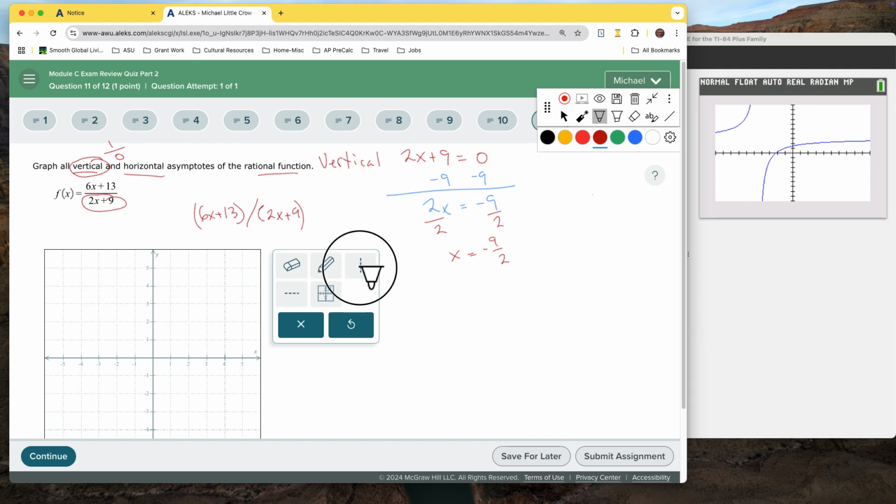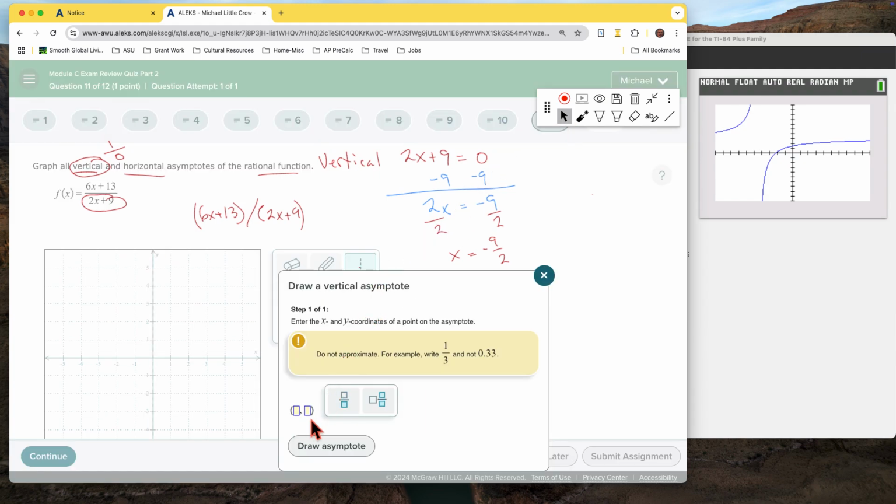So here we get the vertical asymptote. We have to give a point. Remember, this is x equals negative 4.5. So x is going to be negative 4.5, or since we solved it, negative 9 over 2.